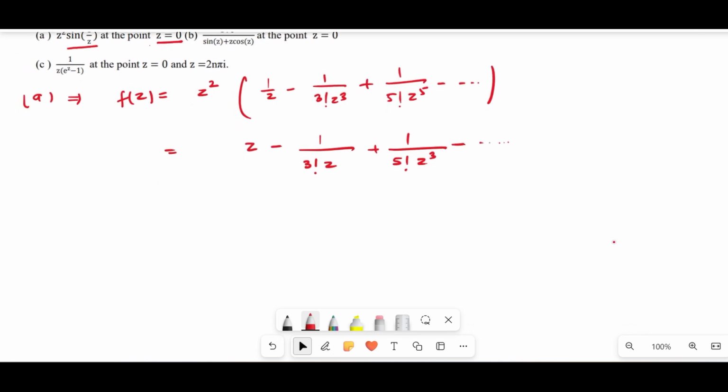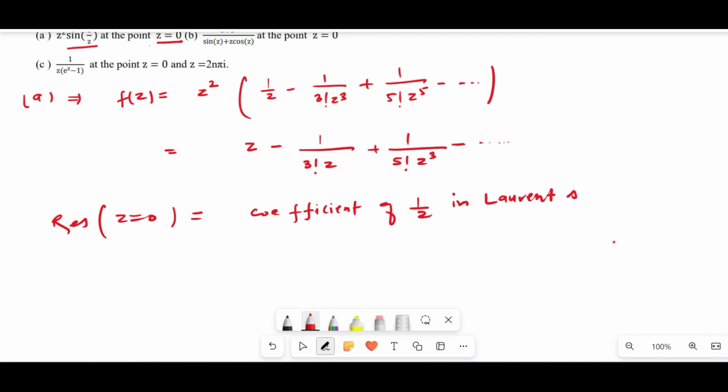So as we can see that the residue at z is equal to 0 will be the coefficient of 1 by z in the Laurent series expansion of the function f of z at z is equal to 0.